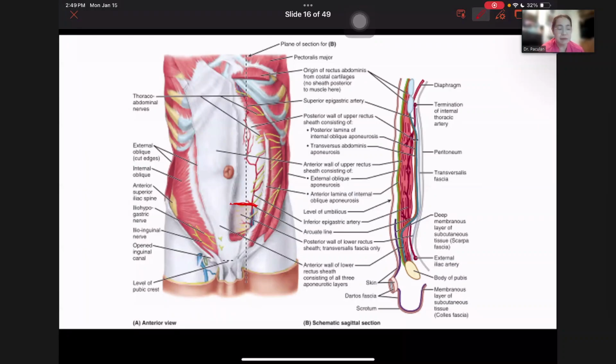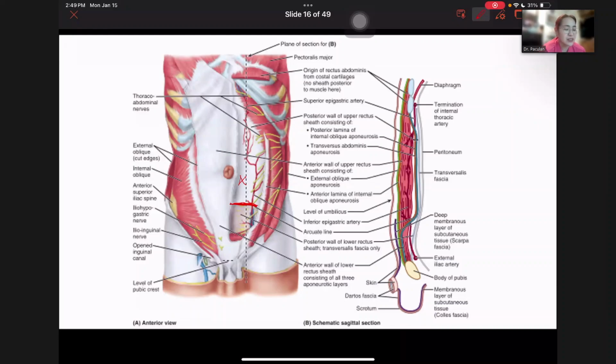But everything from here upward, everything from the arcuate line upward, you have your anterior rectus sheath and your posterior rectus sheath. So a crescentic arcuate line demonstrates the transition between the aponeurotic posterior wall of the rectus sheath, covering the superior 3/4 of the rectus, and the transversalis fascia inferiorly.